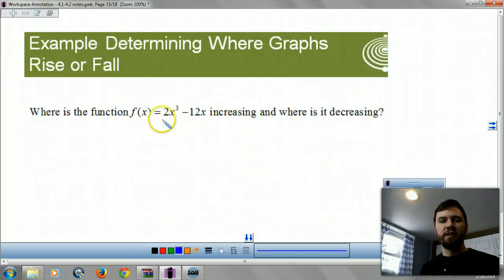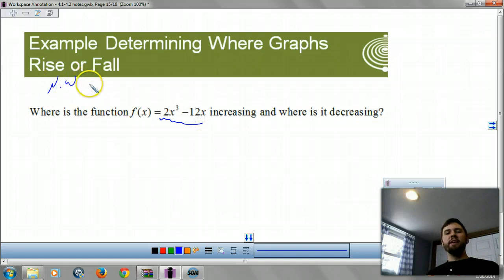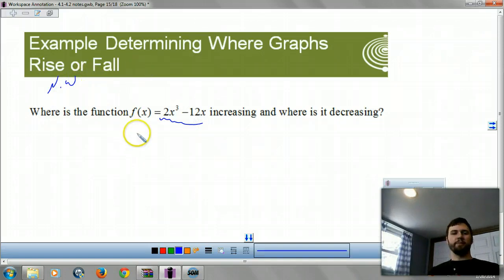So we have a function. When is it increasing and where is it decreasing? The first thing I need to do is take my derivative. We get 6x squared minus 12.